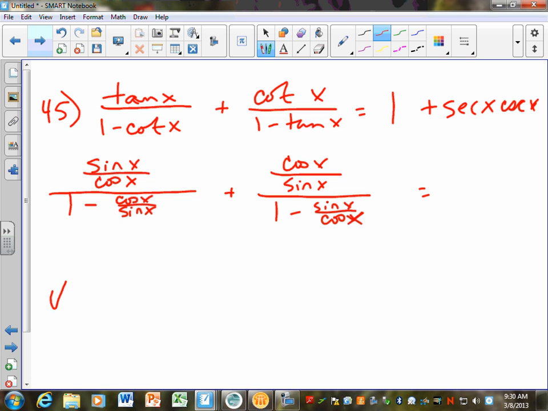But again, the big theme yesterday was common denominator, and this is a great one for common denominators because I'm going to get a common denominator for each one of these denominators. So that was my next step.